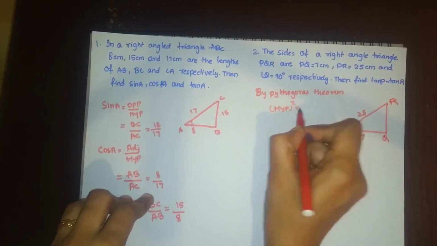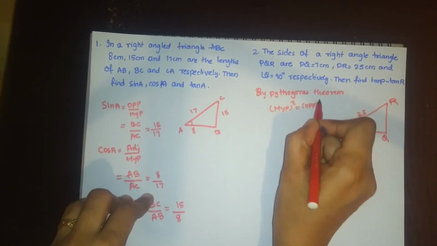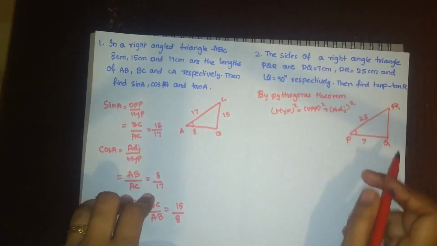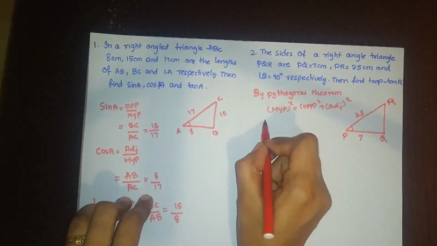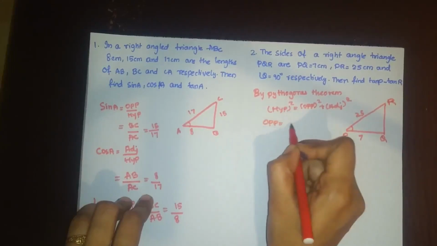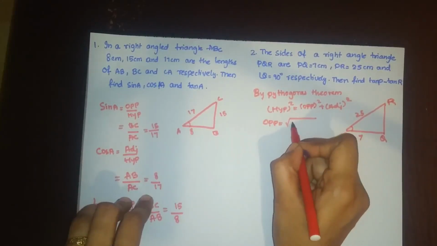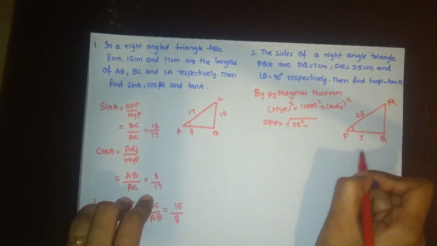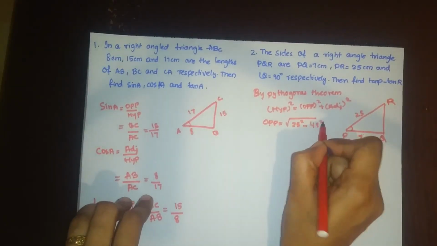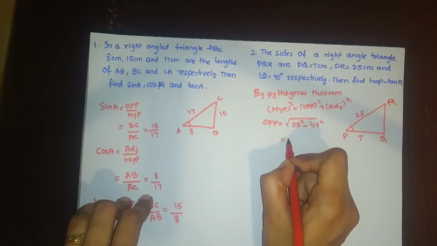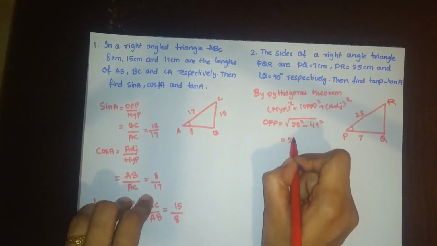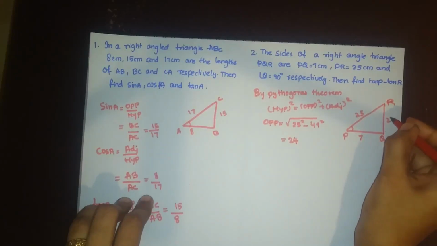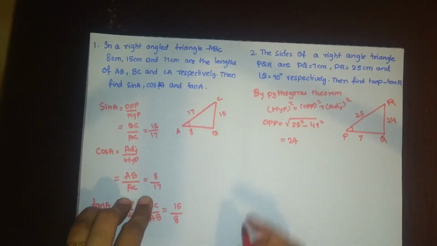Hypotenuse square is equal to opposite square plus adjacent square. What do we need here? Opposite. So opposite is equal to square root of hypotenuse, 25 square minus adjacent, 49 square. By solving this, we get the value as 24. So the length of QR is 24.